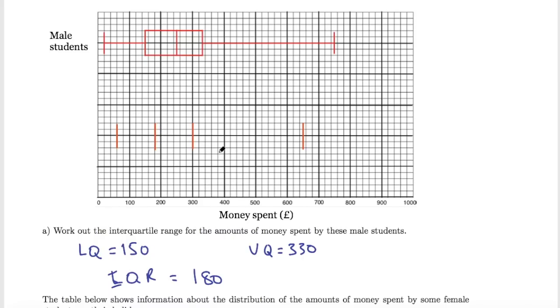And the upper quartile 350. Okay, that looks good. And then we need to join the box up and connect the whiskers, and that should be a pretty good box plot for the female students. Make sure to label it as well, just as they do in the question.